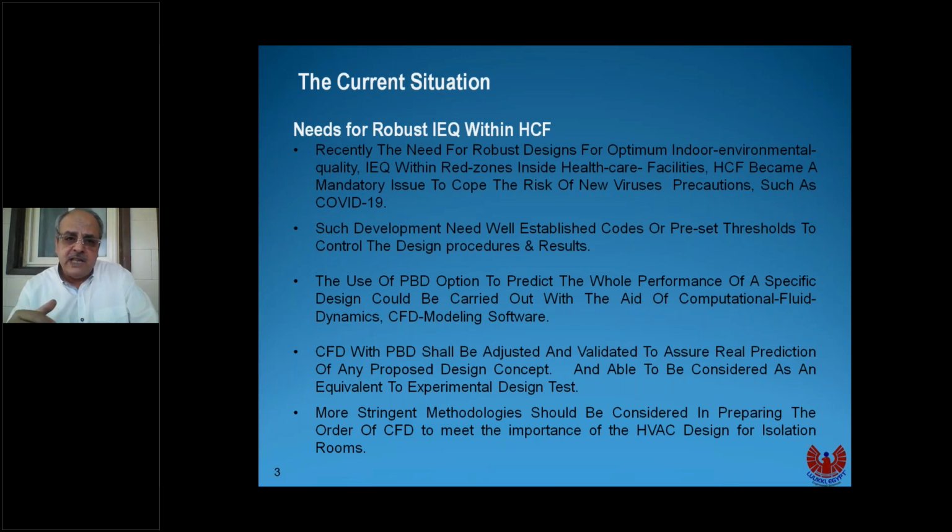So, if we need to improve the indoor environmental quality to assure that there is no cross-infection or even infection from outside to any place in the healthcare facilities, we introduced many designs for the air distribution, for the relative pressurization among different zones, a lot of things.